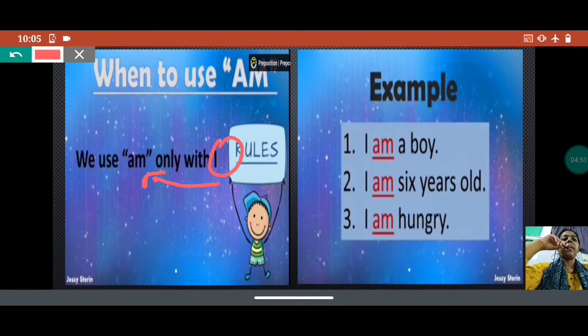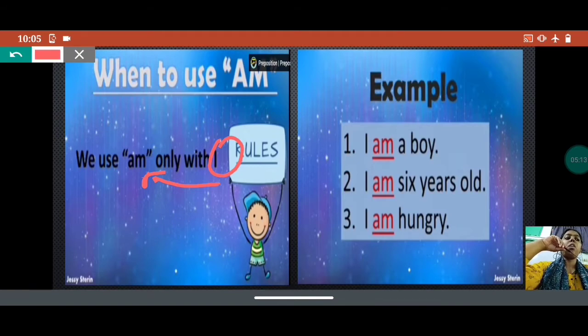So I and am are always best friends. So always remember, students, that whenever I is used, am will be there. I cannot be used with other things, that is, is or are. I is always used with am.